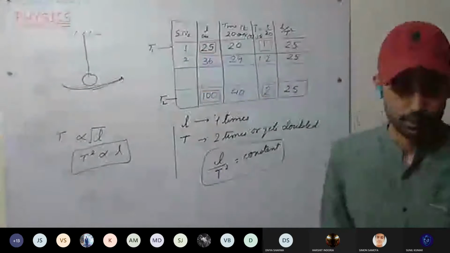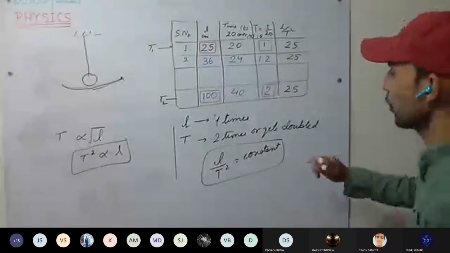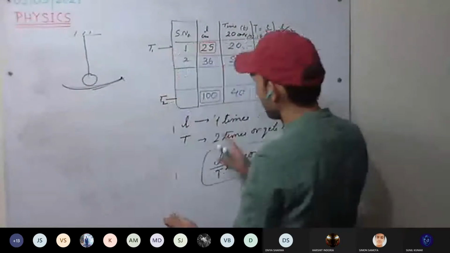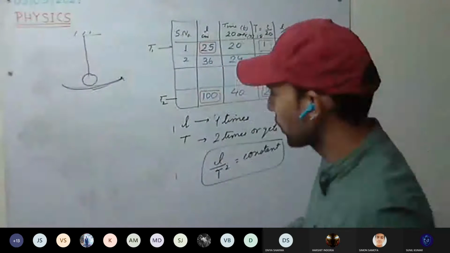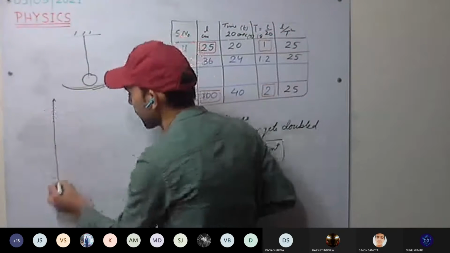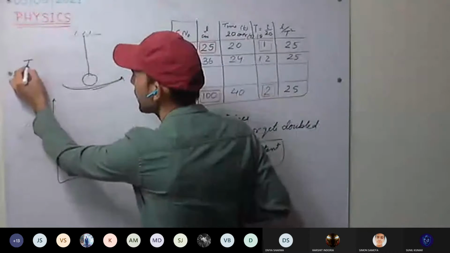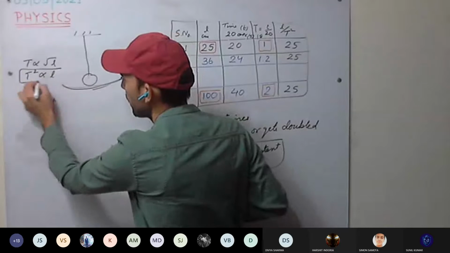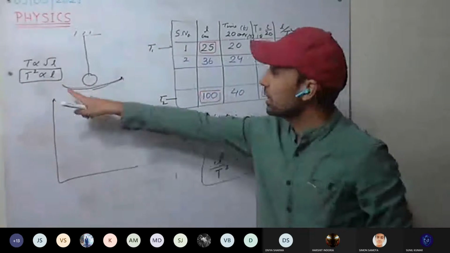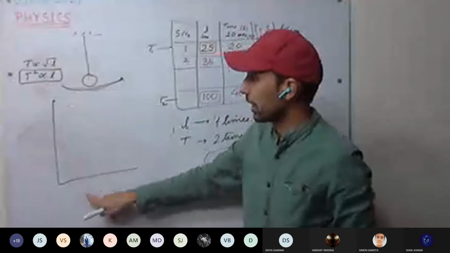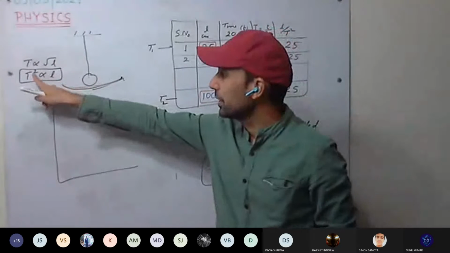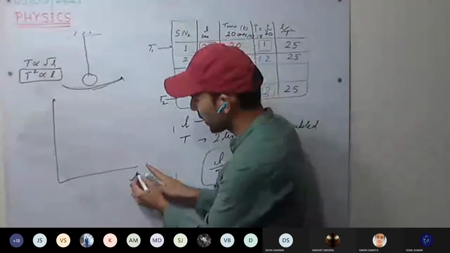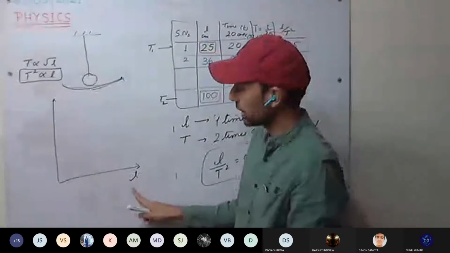And this denotes the slope. If you plot these values on a graph, how are we going to get it? We have already written T is proportional to root L, or T square is proportional to length. This T square proportional to L we will draw on the graph. Time period depends on length, so length will be taken on the x-axis, the independent quantity.